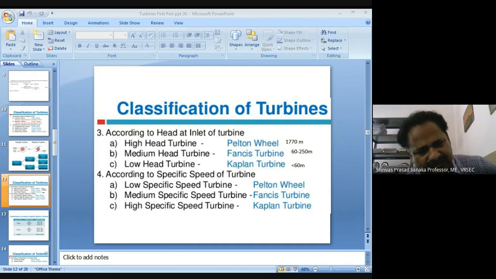Based on the value of the specific speeds, the turbines are classified into low specific speed turbines, medium specific speed turbines, high specific speed turbines. So this is the fourth classification which we discussed now.